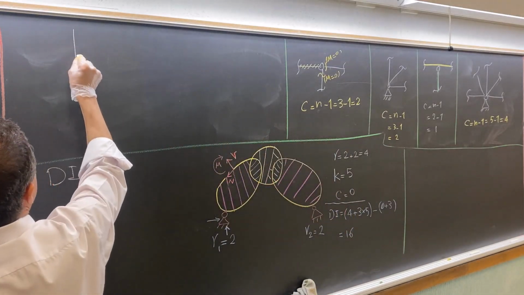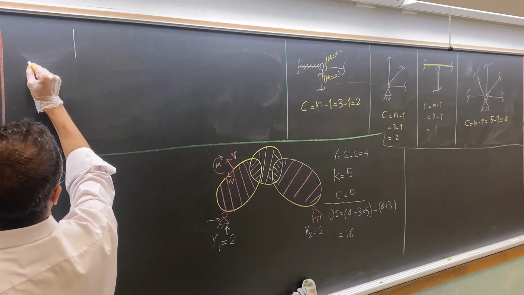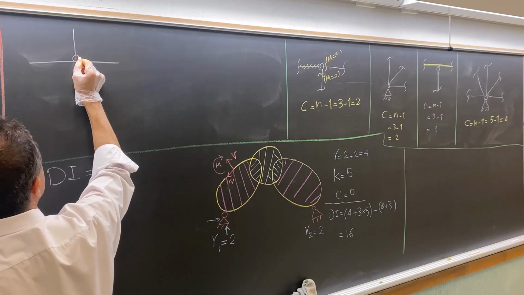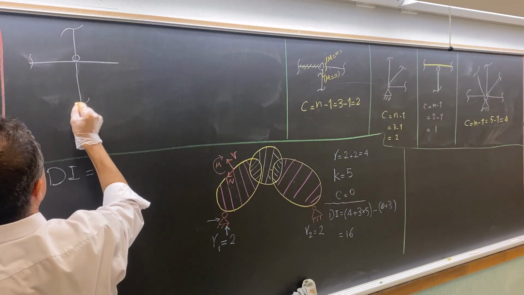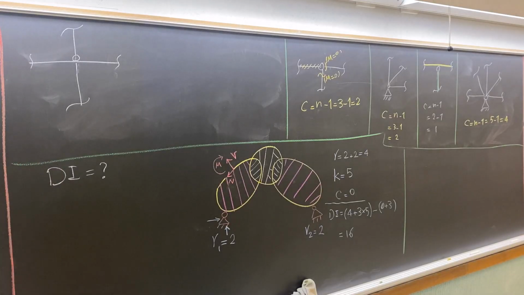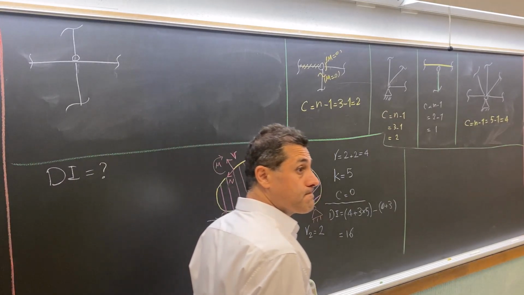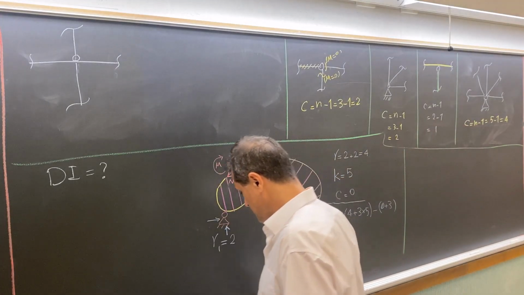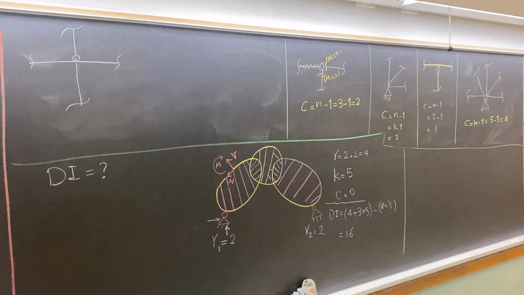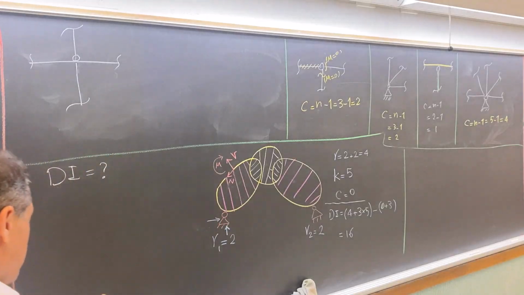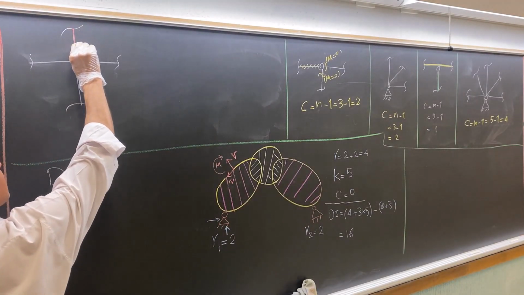We have an element. What about this? How many elements? 2 or 3? 2. Okay. This is one element.